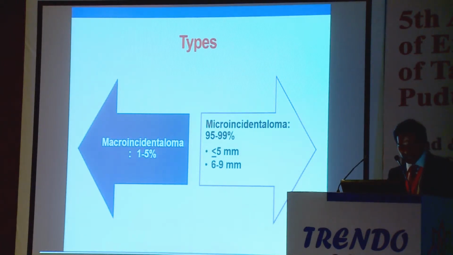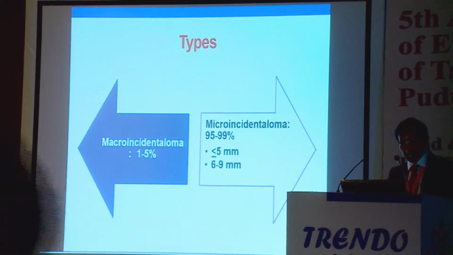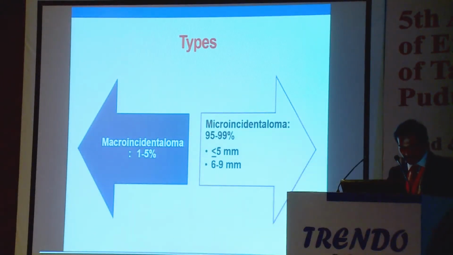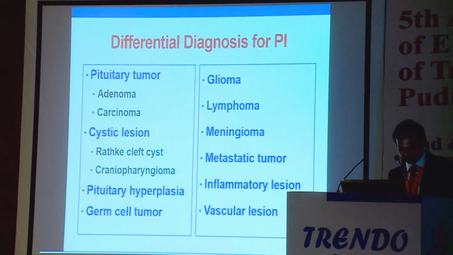Nearly 80% of the microincidentalomas will be less than 3 millimeters in size. And it's important to make a distinction in the microincidentalomas into two categories: those less than 5 millimeters and more than 5 millimeters. I will come to why that's important.